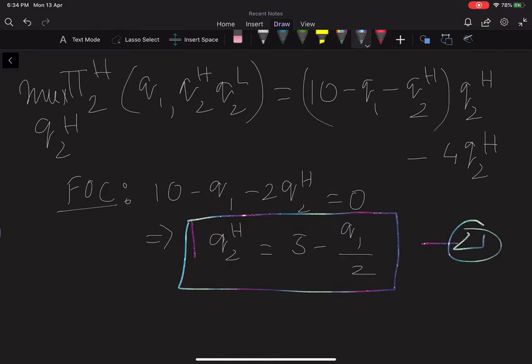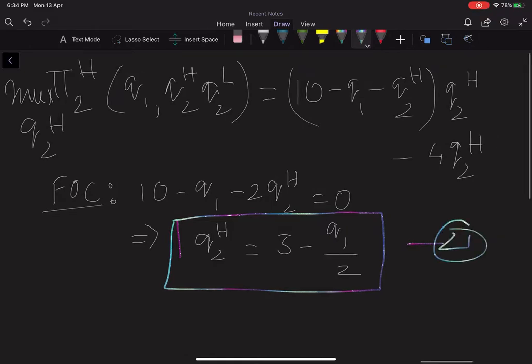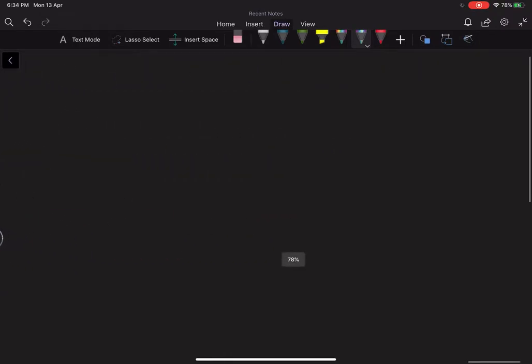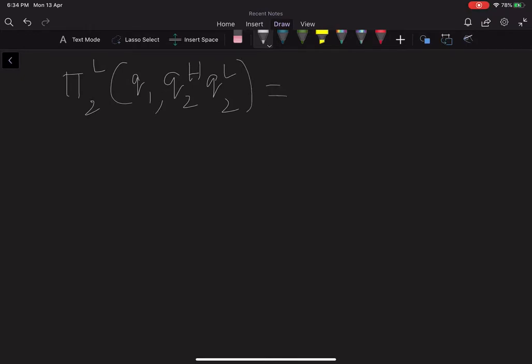So that's the second best response equation. Similarly, there will be a third best response equation coming from the optimization by the low type of firm 2 for the same strategy Q1 and Q2H, Q2L. Here the payoff is 10 minus Q1 minus Q2L times Q2L. It's a low type, so marginal cost is 0, so this is the profit. Again it wants to maximize this by choosing Q2L.